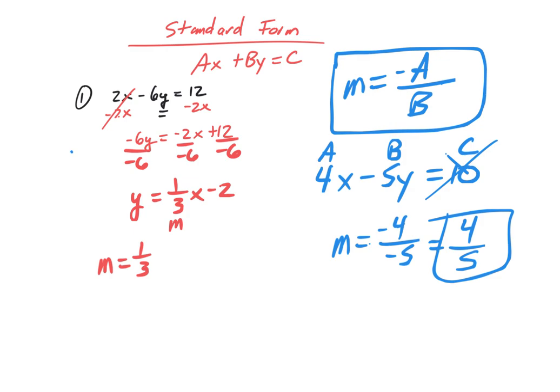Okay. And this one here, this kind of goes back to what we did yesterday. F of negative 2 equals 3. F of negative 1 equals 9.